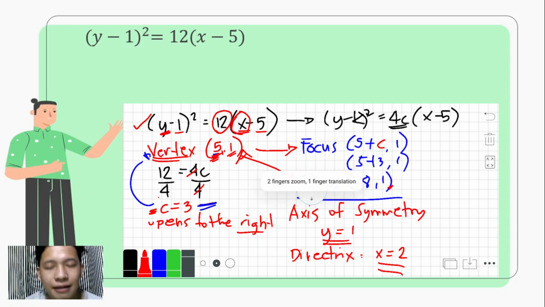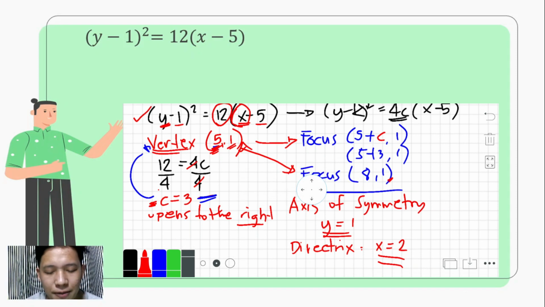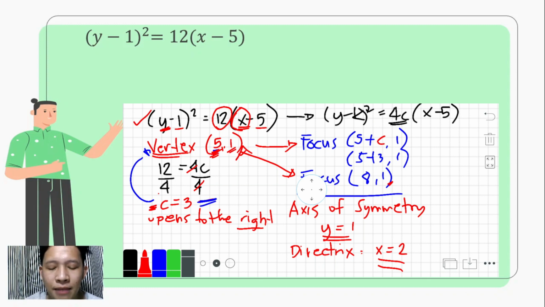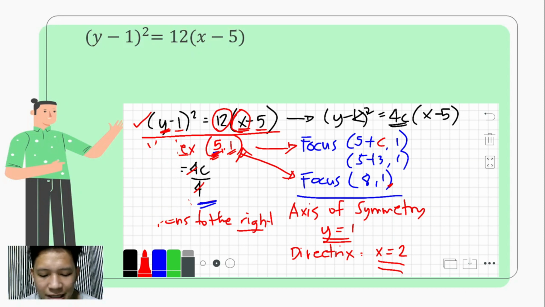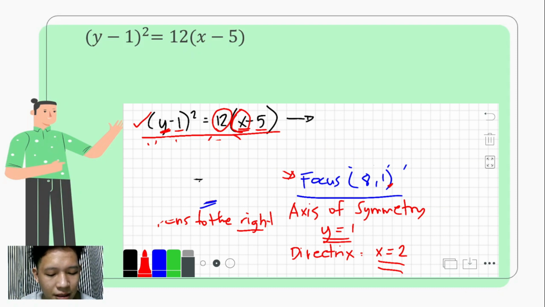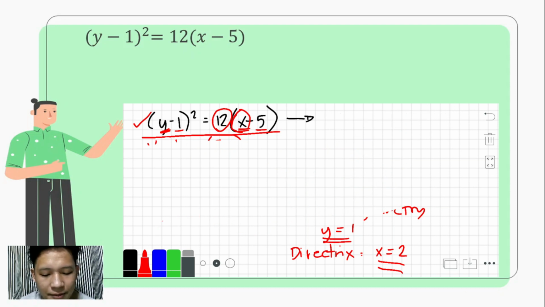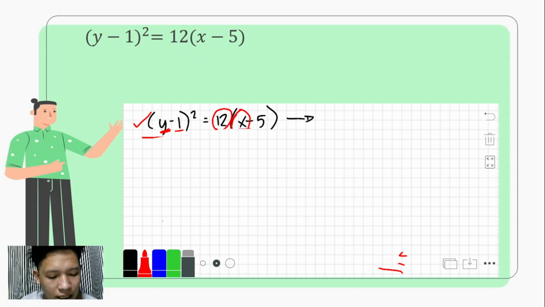Okay? Now, the general form of the equation is simply yielded the moment we expand this standard equation. So, kapag in-expand natin yan, okay, so let me just erase all this. So, this is just a review. If we just expand the standard form, then we have the general form.